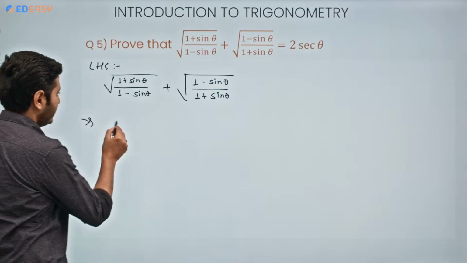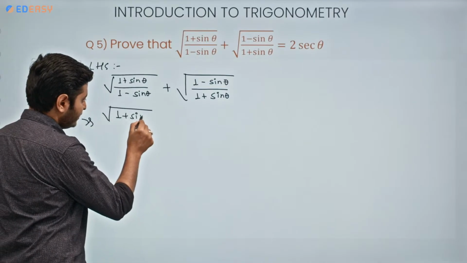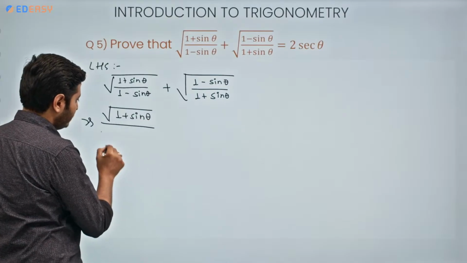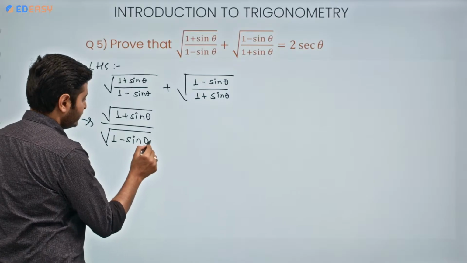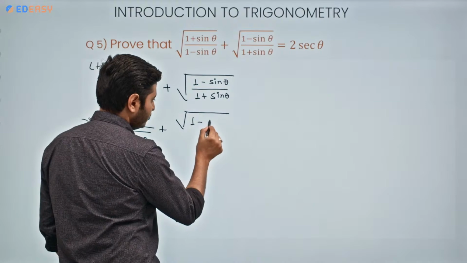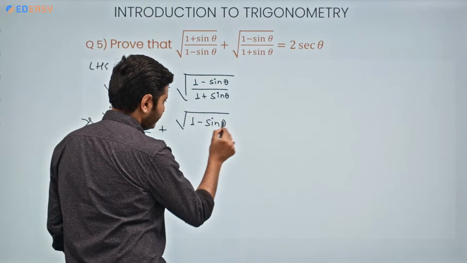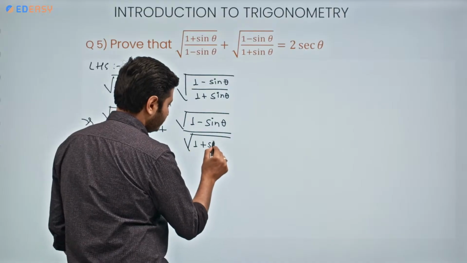So we can separate: under root 1 plus sine theta divided by under root 1 minus sine theta plus under root 1 minus sine theta divided by under root 1 plus sine theta.